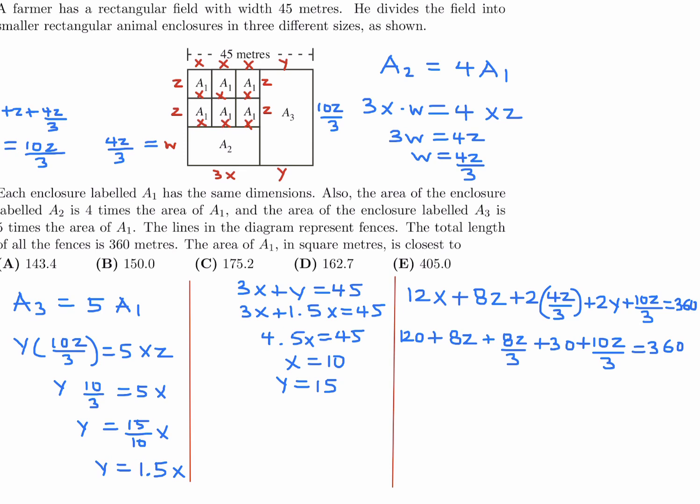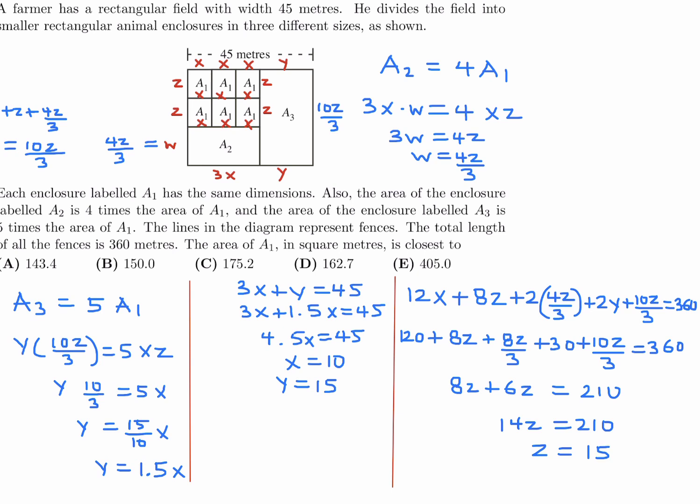So let's add these here. We got 18z over 3. Well, that's just 6z. So 8z plus 6z, and then put all the numbers on one side. 240, 210 is going to be that number. So I've got 14z is 210, and therefore z is 15.